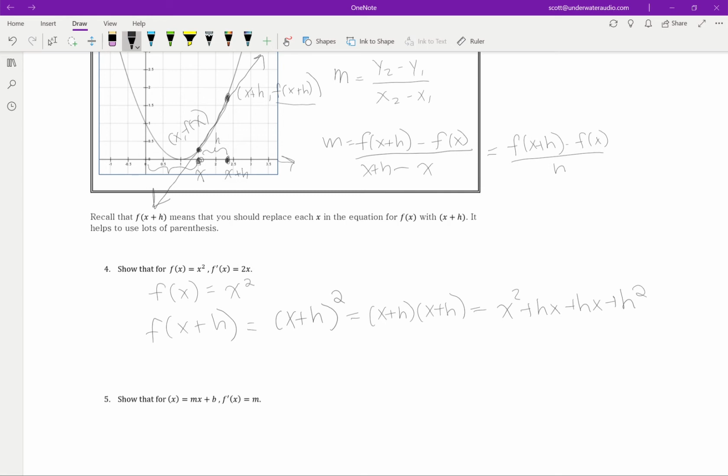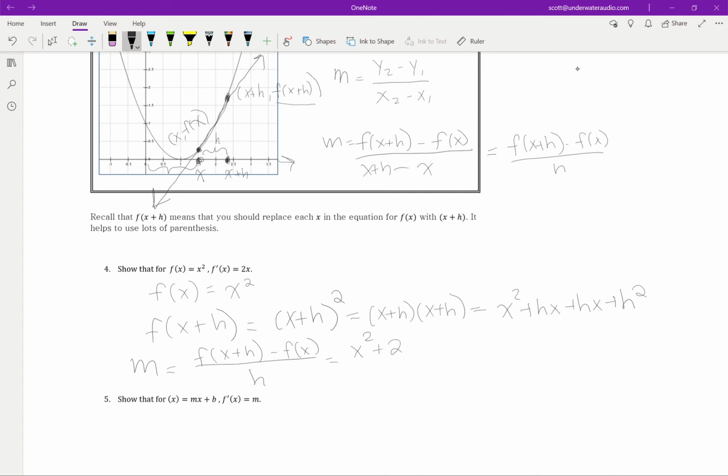Okay, and then now I'm going to put it into my formula. So m equals f of x plus h minus f of x all over h. Okay, so f of x plus h minus f of x, I figured out what f of x plus h is.